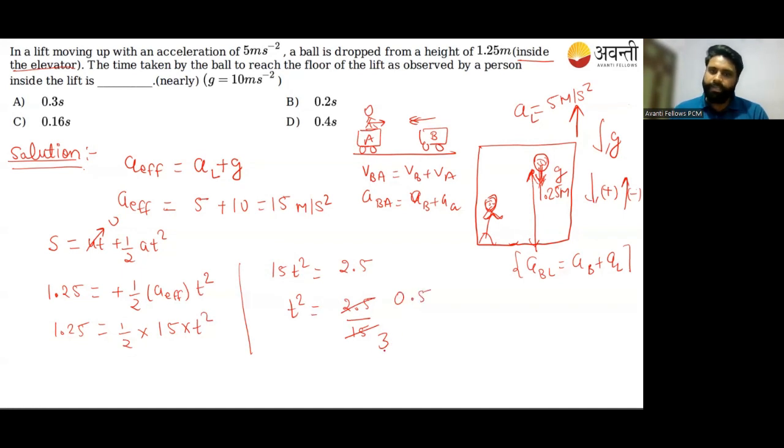So it is 0.5 by 3. Also, you can say it like t square is equal to 5 by 30, which is 1 by 6. So if you take the square root of it, it will give you a value of 0.4 second. Okay, got it? So this is the correct option.